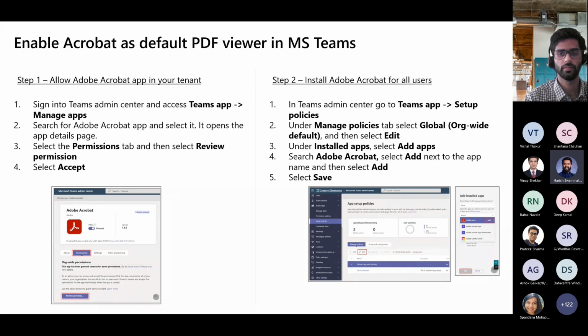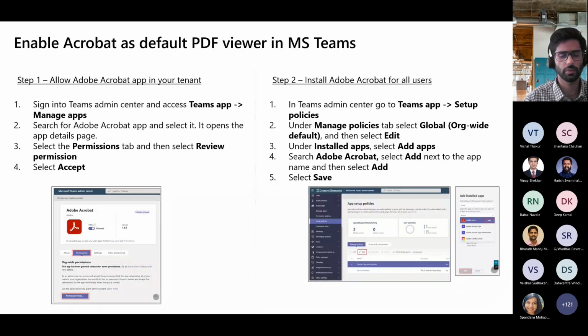There's another question: will there be integration for mobile and handheld devices in the future? So the integration is available on Teams Mobile. The only difference is that when admins follow the steps that are on screen, Acrobat in the desktop and web client becomes the default PDF viewer.